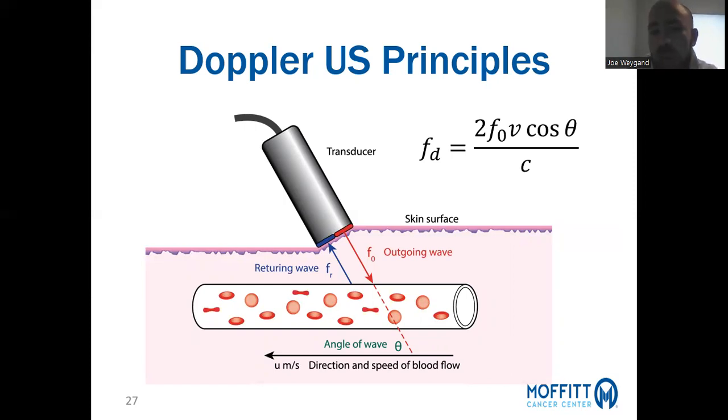If we know the angle between the moving blood and the ultrasound wave, and then we look at the Doppler frequency, the frequency that we receive the wave at after it's been Doppler shifted, we can determine the velocity of the moving blood, as shown here in the formula on the right-hand side.